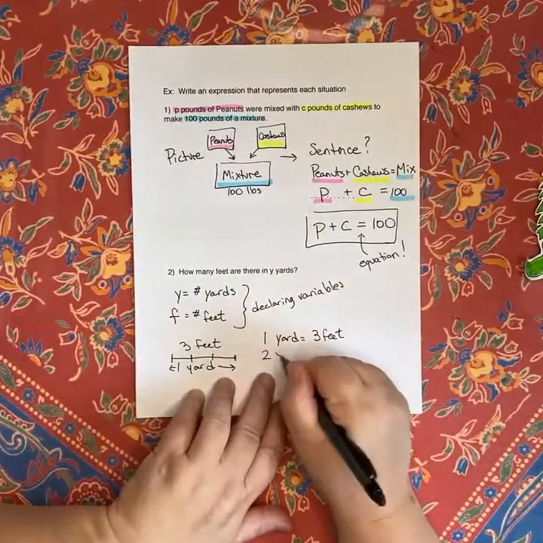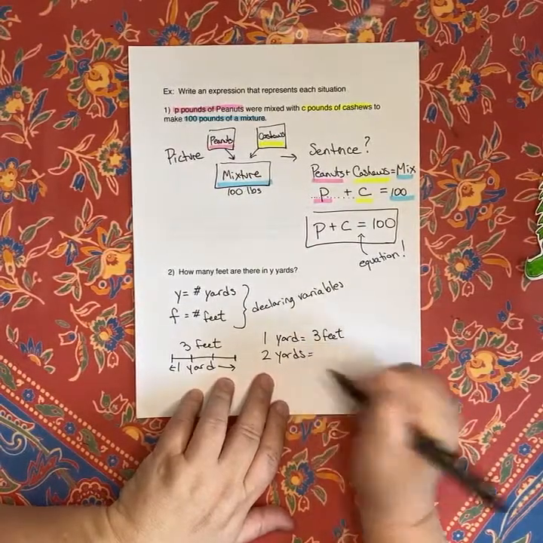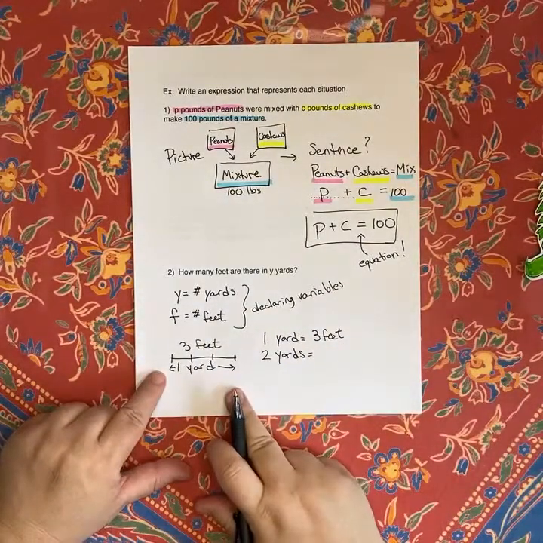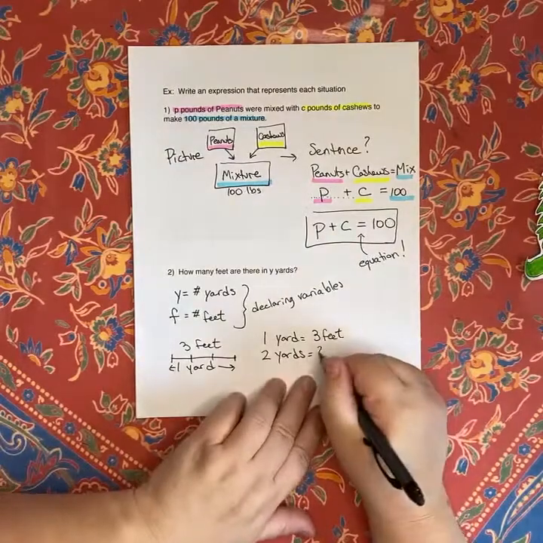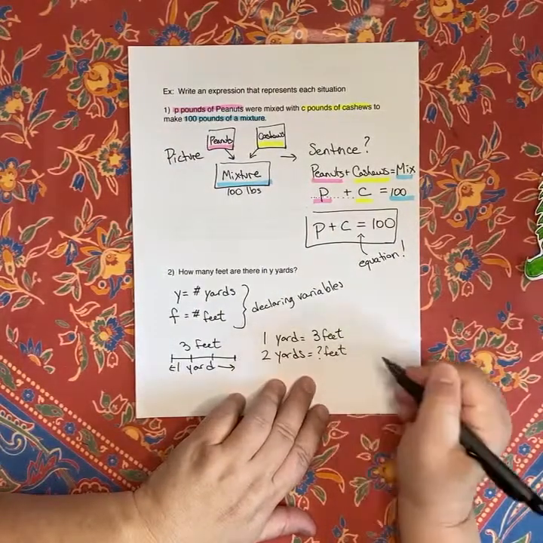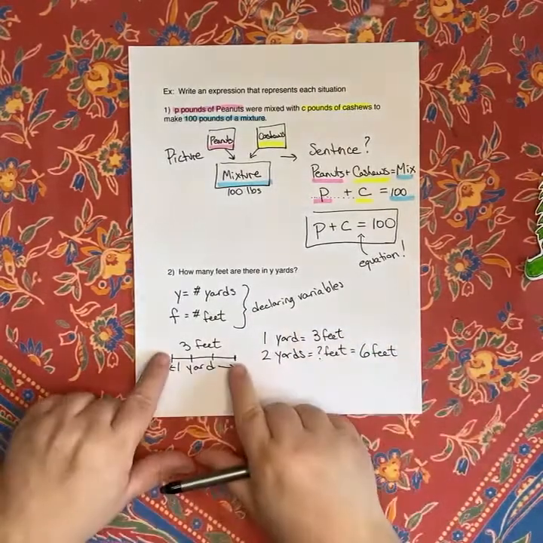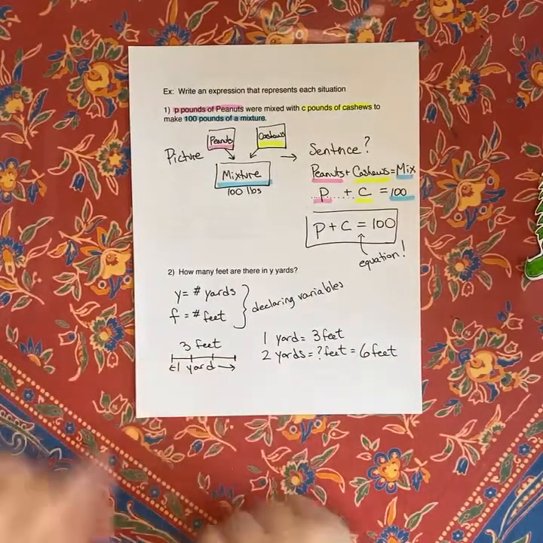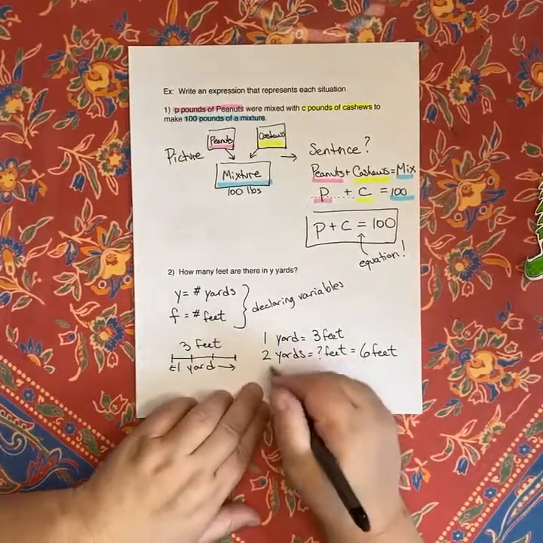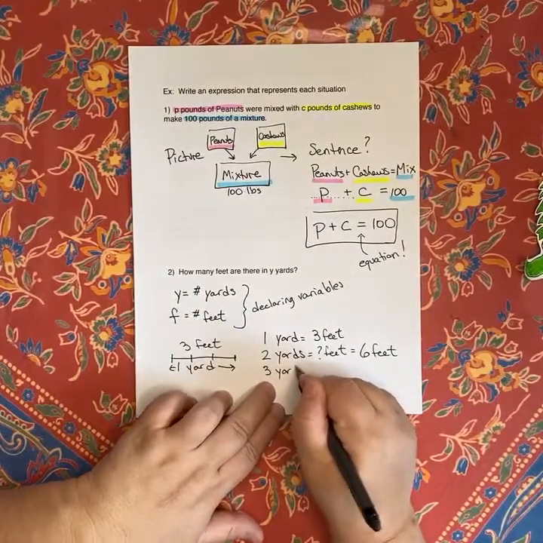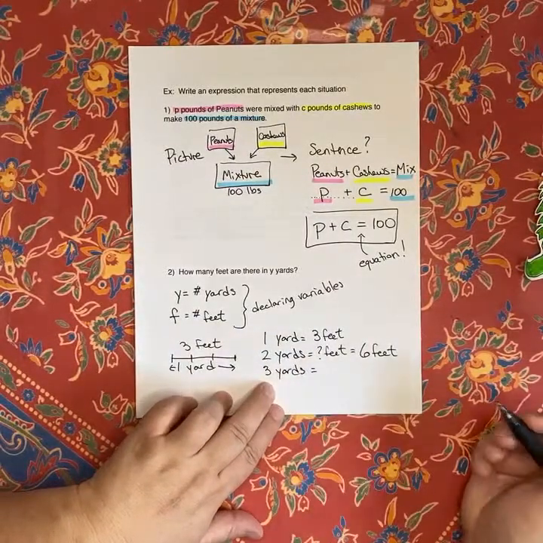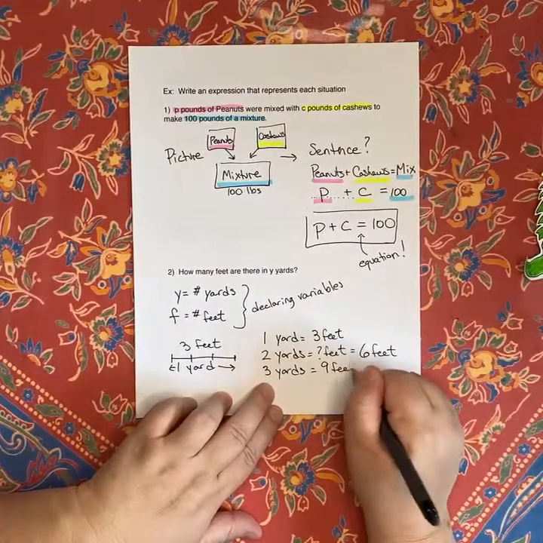So 2 yards equals how many feet? Yeah, 6 feet, right? Because if we take 2 of these, you'd have 3 and then another 3. And then 3 yards would be how many feet? 9 feet.